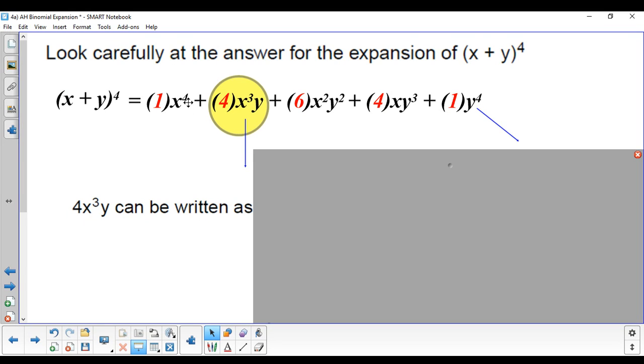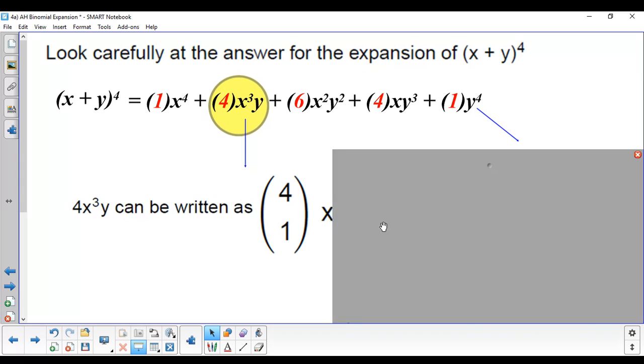There is no y, so it could be y to the 0, y to the 1, y to the 2, y to the 3. So 4x cubed y could be written as 4, 1, and then 4 take 1 would give you the 3. Oh, look at these numbers here. And then y is to the power of 1. So there's a connection between these digits and in here.